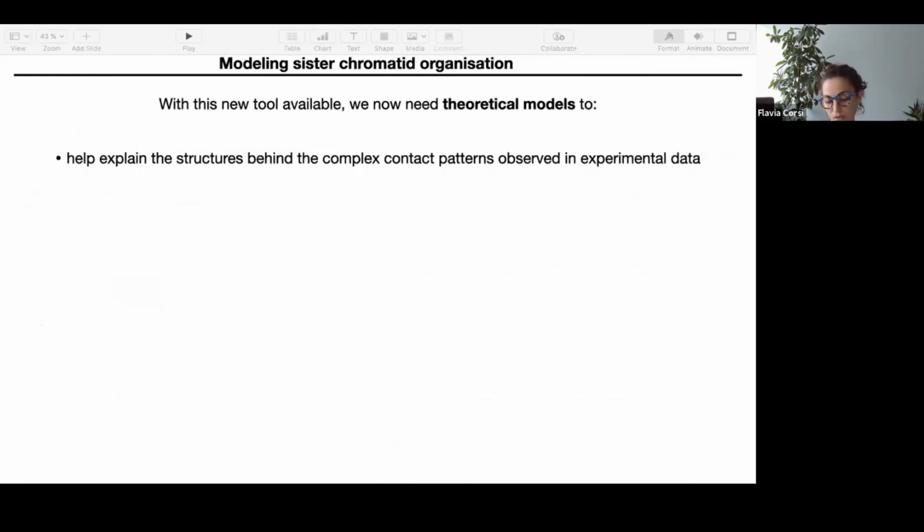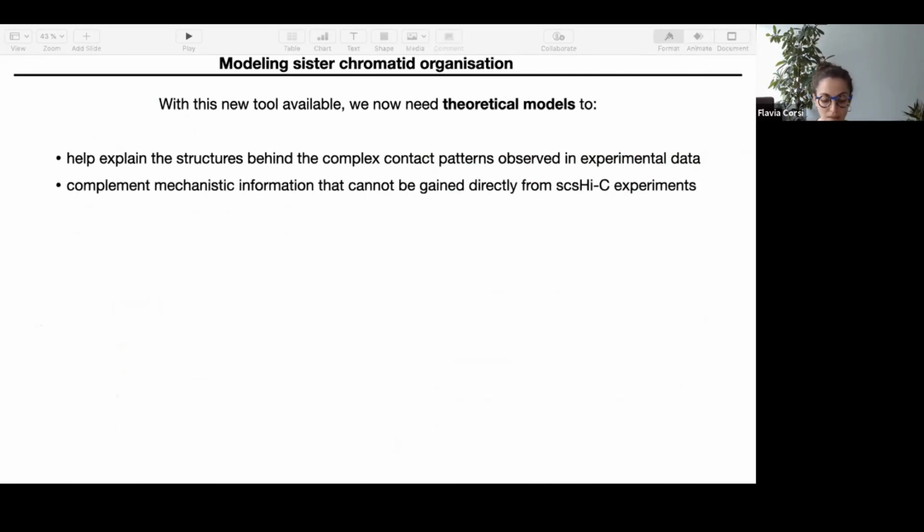But now that we have this new tool, we really need new theoretical models that help us to understand this system. First of all, theoretical models will help us explain the structure behind the contact patterns observed in this new type of experimental data.